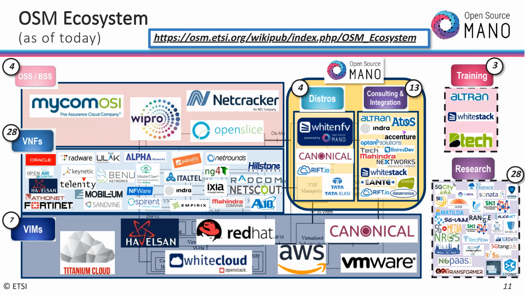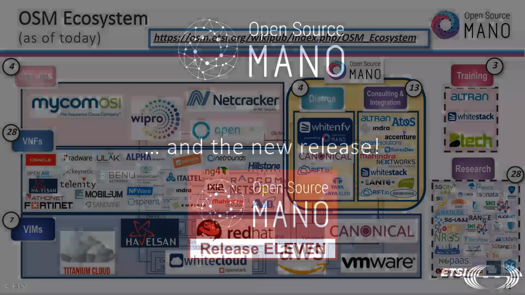And as you can see, the OSM ecosystem keeps growing from one event to another. We are really glad, and also really happy, about the impact that OSM is having in the research community, which is becoming the orchestrator of choice for the different research projects around 5G and Edge.